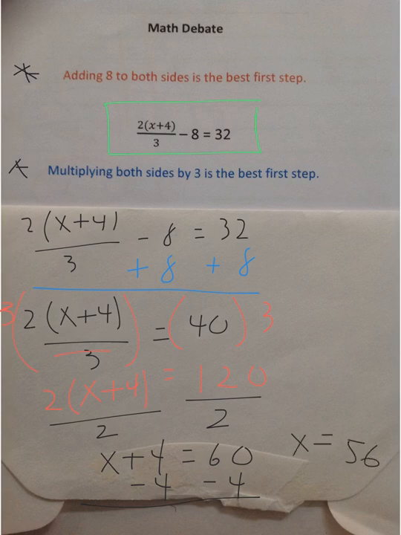So let me go ahead and get to the next screen. I'm going to distribute the 2 to the x plus 4 and just show you that you're still going to get the same answer, okay? It's just a matter of preference. 2 times x plus 4 equals 120.